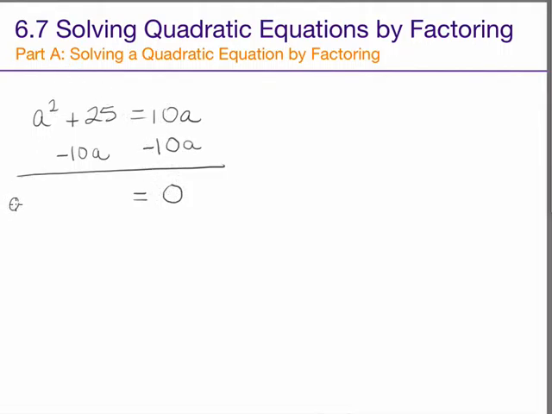My left-hand side looks like this. So there's a little bit of very early algebra coming back into play. The next step will be to get this into its factored form. Once the left-hand side is factored, it's still going to be equal to 0, and I can use the zero product property to finish the job.